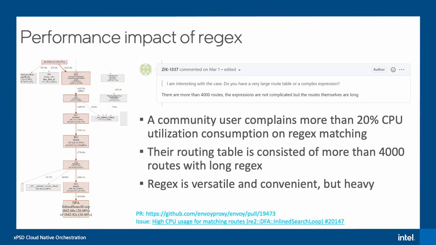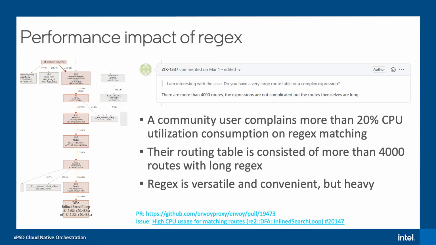Even if you can avoid the worst case, the runtime in most cases is linear to the size of the input set. Envoy uses the RE2 library to do the regex matching. You can see from the call graph on the left, which I'm not going to dive into, that there are a lot of calls with high CPU utilization that are used to perform the regex matching.